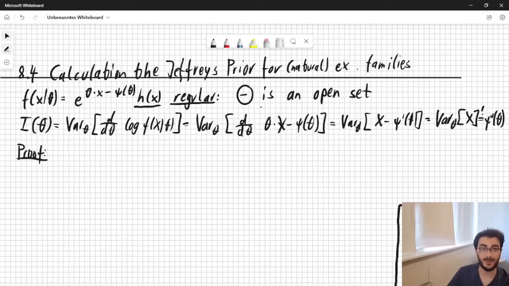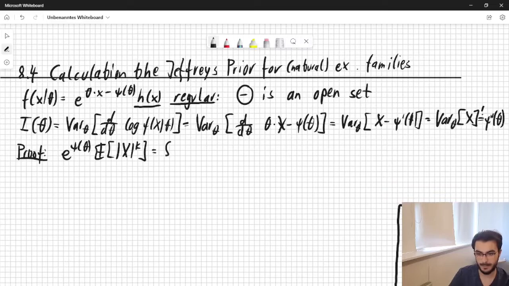And I'm going to show this. I want to be quite thorough, so I'm going to show that psi is actually differentiable, which takes quite a few steps. So first of all, let's look at something like the moment generating function of x. We're going to first look at the moments of x. So we're going to look at e to the power of psi of theta times the expectation of the absolute value of x to the power of k, for any k. It has to be a natural number.